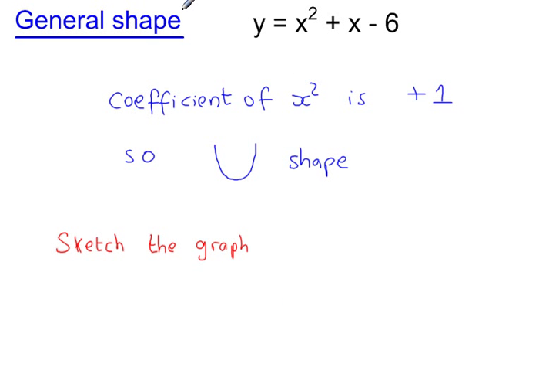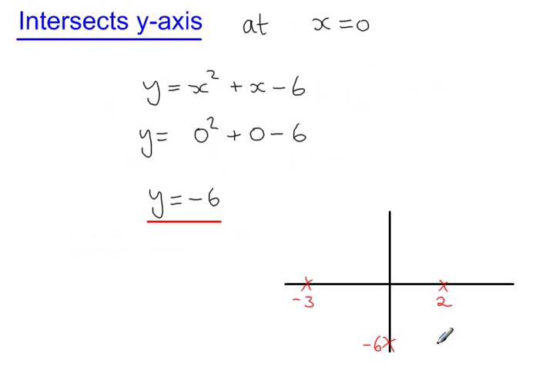The general shape will be U-shaped because the coefficient of x squared right there is 1x squared. Going back to this, if you look at the roots, halfway between these two roots is not the y-axis. Halfway between the roots is around here. So when you sketch the U-shaped curve, if you try and do something like this, so this is the bottom of the curve and then the graph's coming up again like this, that's now wrong.